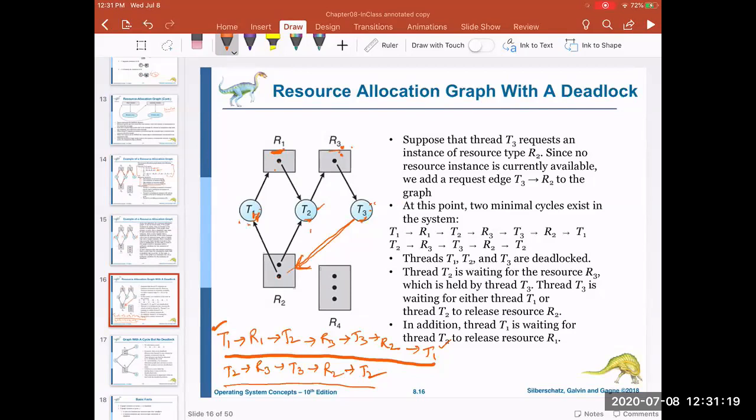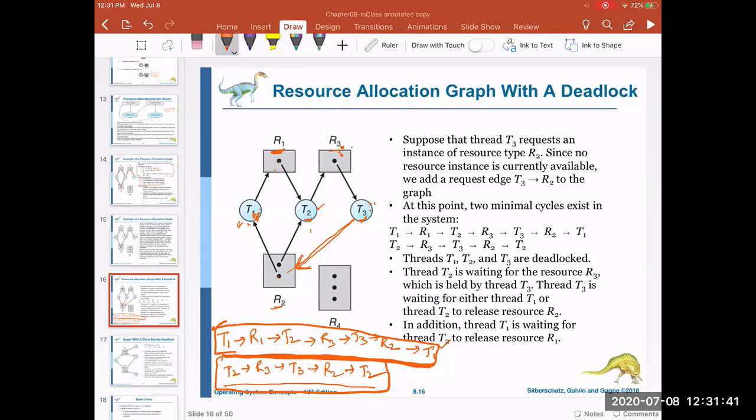Now from T2, T1, we have a cycle. This is a cycle. From T2, we have another cycle. Now R2 has two resources, and both the resources are in a cycle with T3.